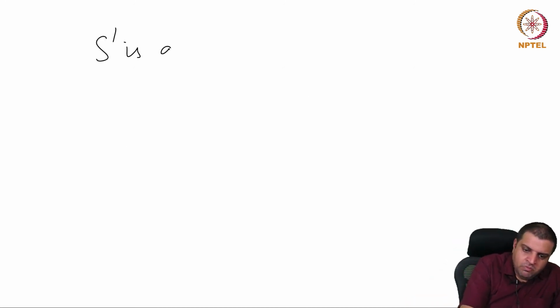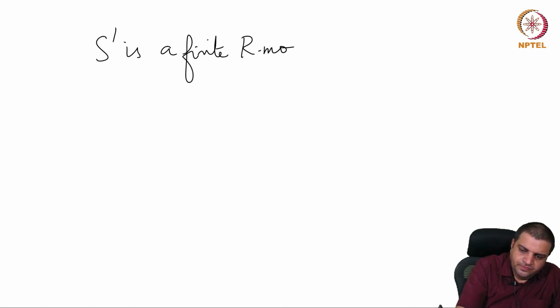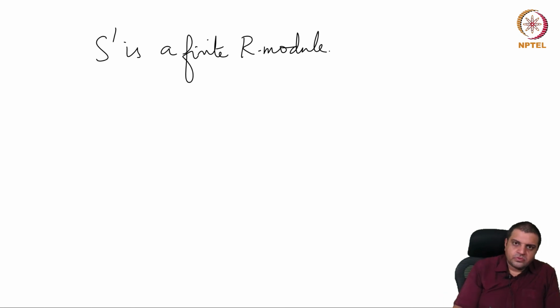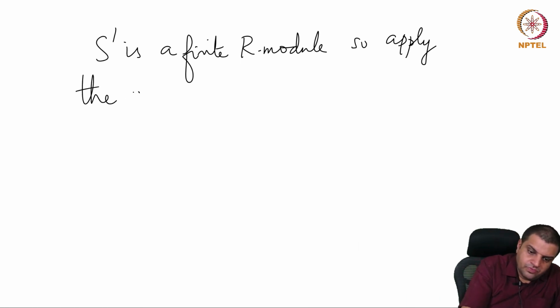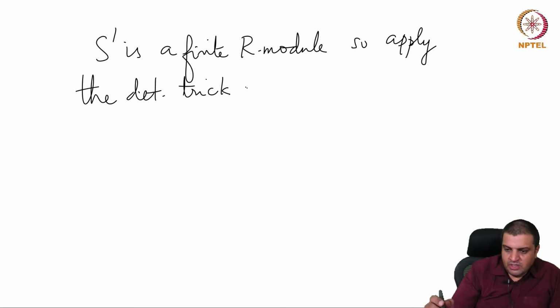So this is a finite module. Okay. So we can apply the determinant trick, which we learned a few lectures ago. So what do we need?